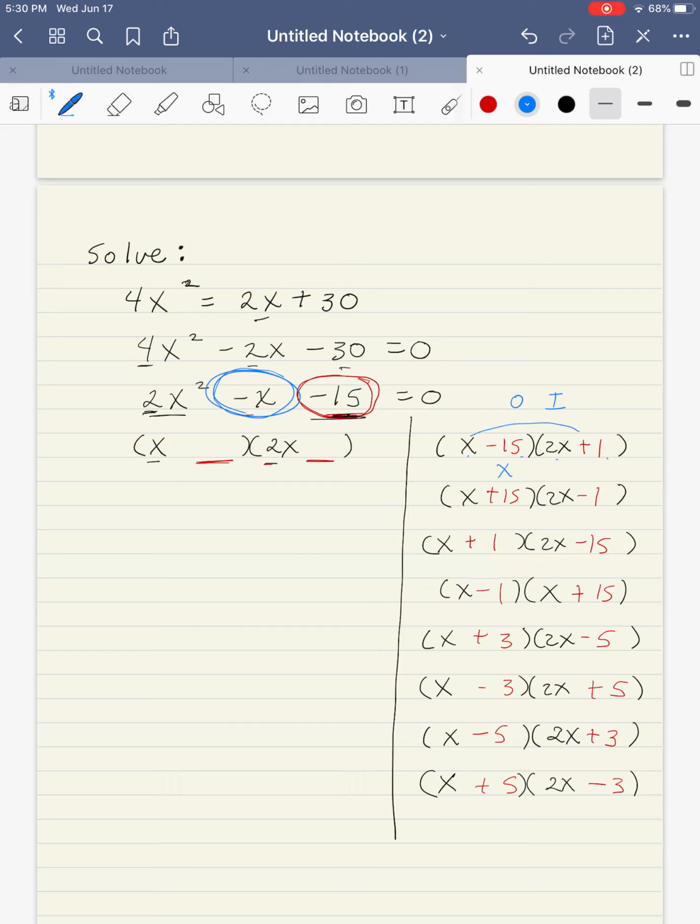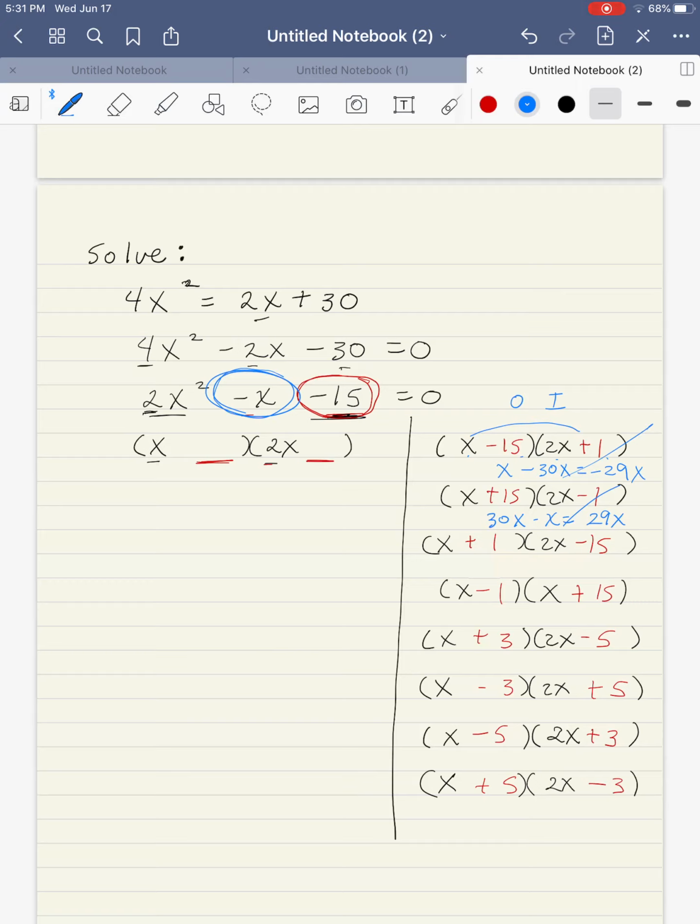I'm checking x times 1, negative 15 times 2x. And I see, nope, that one doesn't work. So I can try the next one. But notice if I did the next one, I'm going to get the same answer, except just the sign is changed.